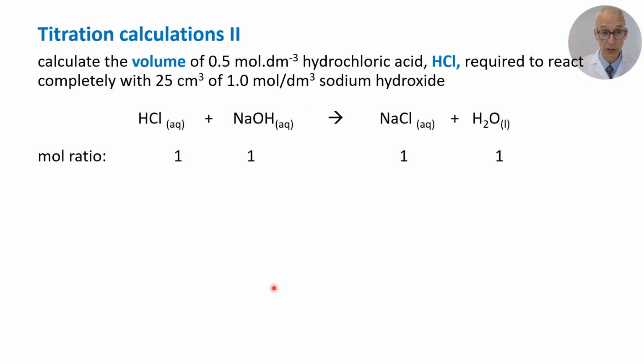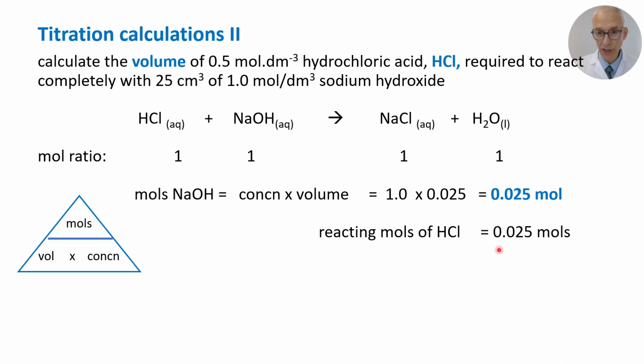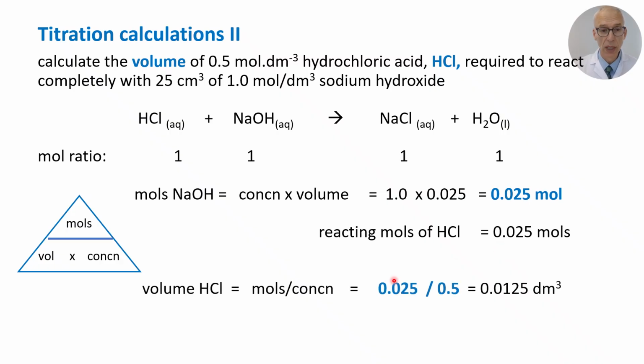Okay, so I'm going to reveal. Here's my triangle. Numbers of moles is volume times concentration. So I work out the moles of sodium hydroxide, concentration times volume. The moles of hydrochloric acid that are reacting is the same because it's a 1-to-1 ratio. The volume involved is unknown.